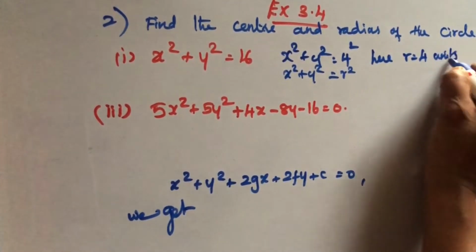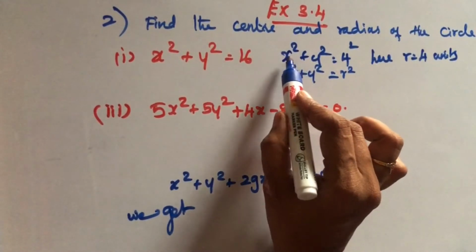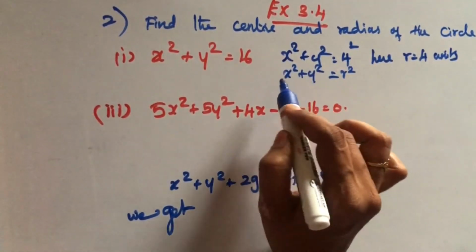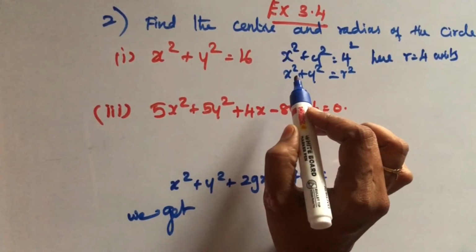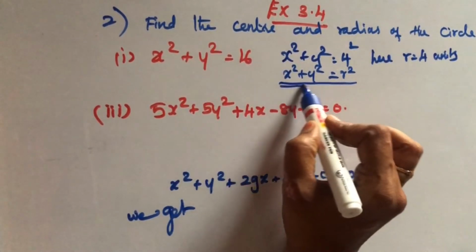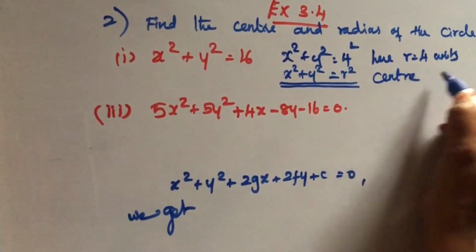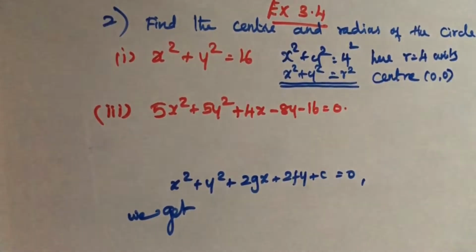That is the radius. What about the center? Here it is just x square and y square. If the center is the origin, then this is the format of the equation of the circle. So, here the center is origin, that is (0, 0).